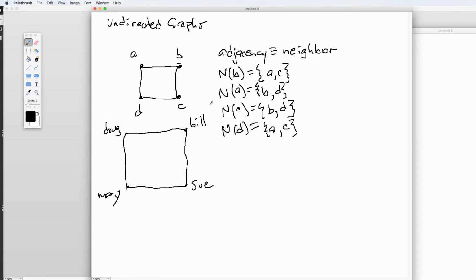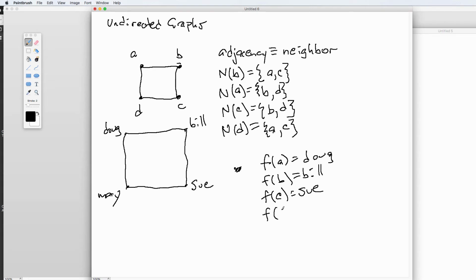But the other thing is that I could actually have a function from points to points that maintains the neighbors. In other words, I could come over here and I'm going to say something like the following. I'm going to say let f of A equal Doug. And I'm going to say let f of B equal Bill. And I'm going to say let f of C equal Sue.